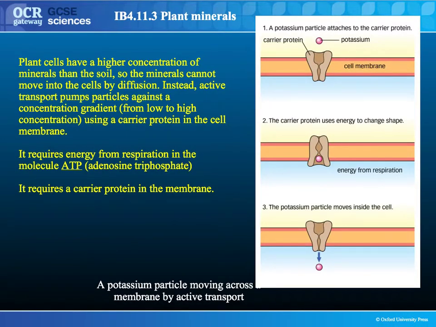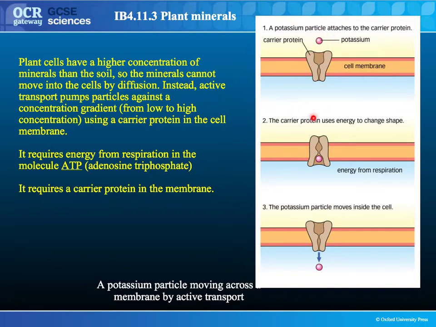You will now be aware of diffusion and osmosis, where the particles will go from a high concentration area to a low concentration. Now in this situation, plant cells may have a higher concentration of minerals than the soil. So imagine here is the soil with a potassium ion, and here's the inside of the cell.